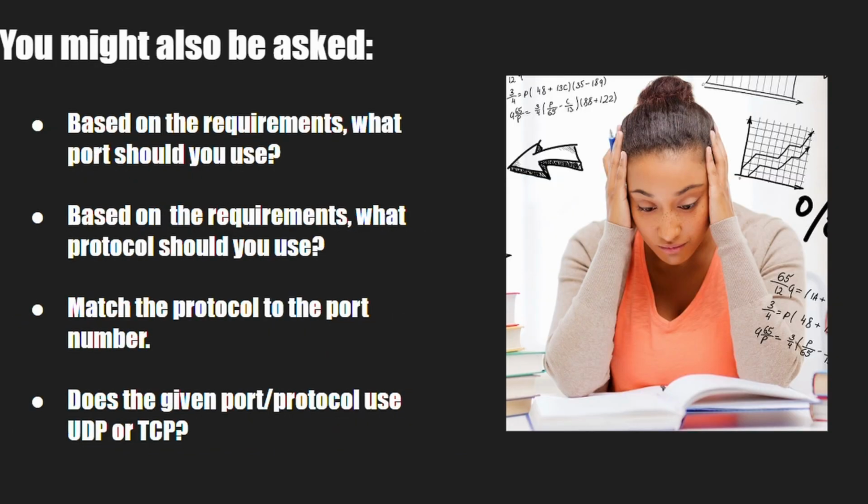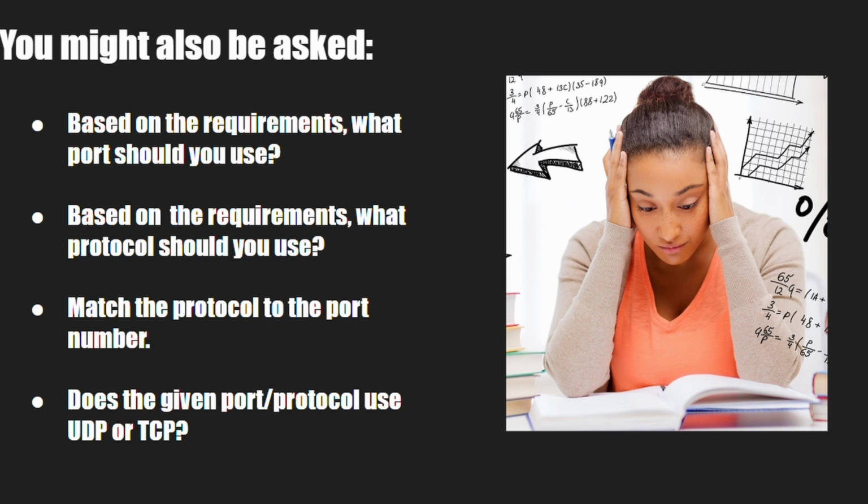Some questions you might be asked about exam objective 2.1 here. One question you might be asked is, based on the requirements, what port should you use? So it might say, look, we're using SSH. What port should you use in order to do that? That would be port 22. Based on the requirements, what protocol should you use? So this person is trying to achieve a particular job. What protocol do they need to use in order to do that successfully?